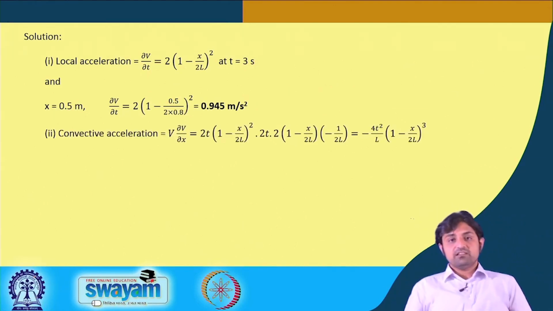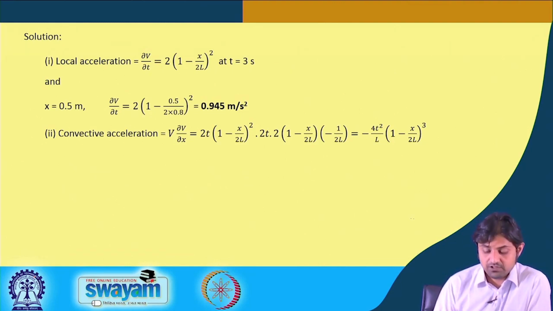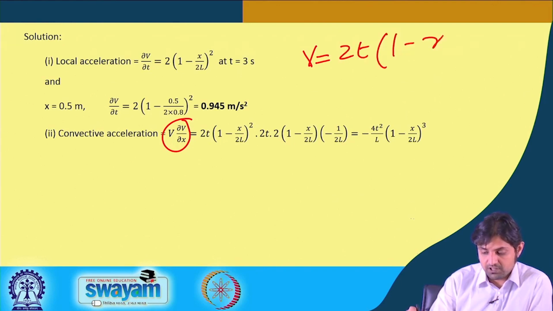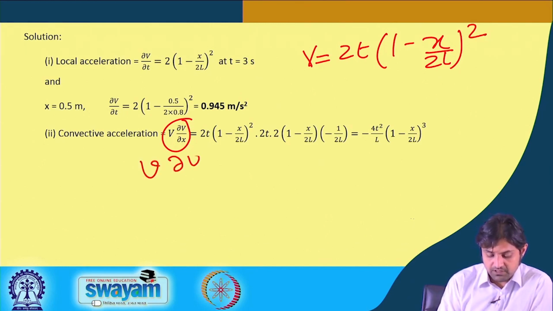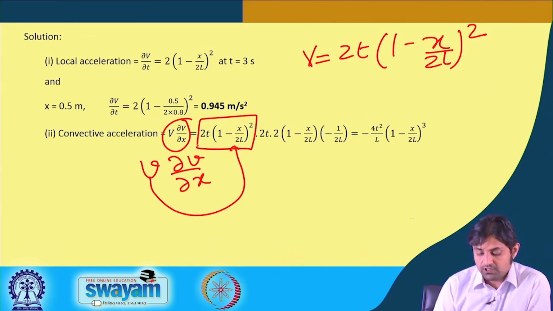Now the convective acceleration here: you see there is only one direction, x. So, there will be only one convective component, and that is going to be v del v by del x. The original equation says v is 2t into 1 minus x by 2L, whole square. So, v is 2t into 1 minus x by 2L, whole square.